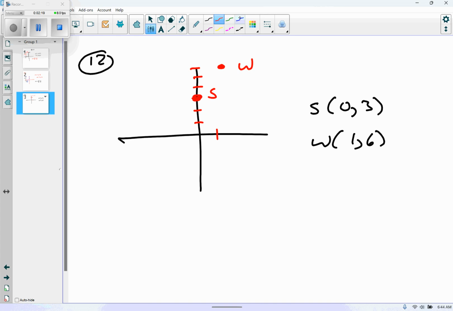That'll be W. If we wanted to count up, I'm going to go 1, 2, 3 up, so +3 up, and right 1 over. That's also positive, so our slope is the vertical over the horizontal, which is 3 over 1. It's positive. Go ahead and turn the page.